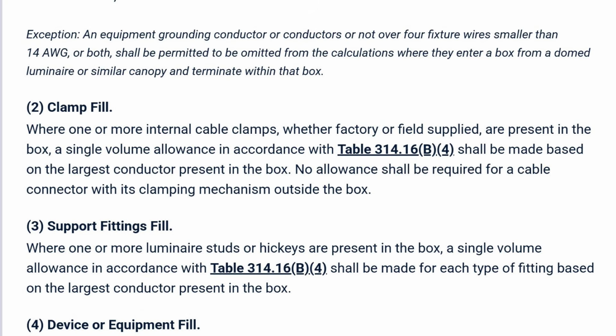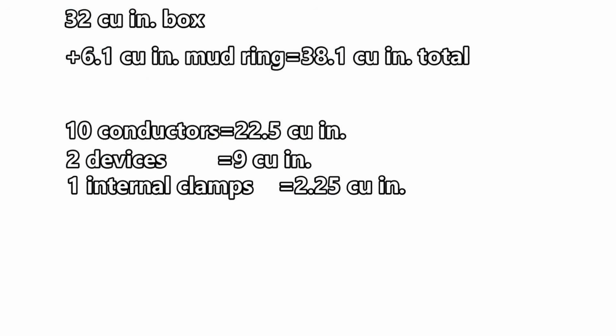A single volume allowance in accordance with Table 314.16(B)(1) shall be made based on the largest conductor present in the box. No allowance shall be required for a cable connector with its clamping mechanism outside the box. So we'll add 1 volume allowance for the internal clamps, which is 2.25 cubic inches.